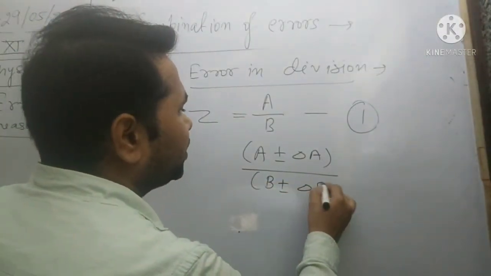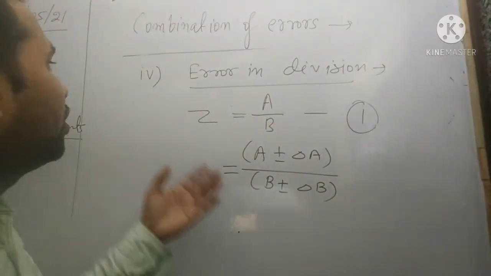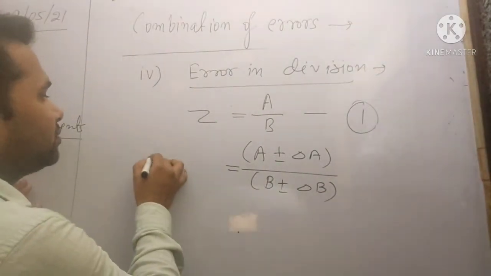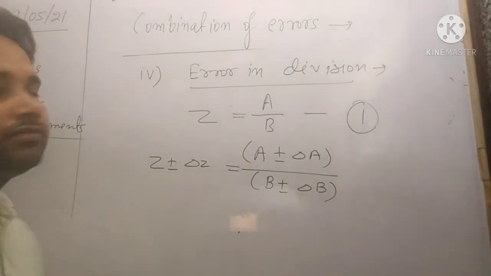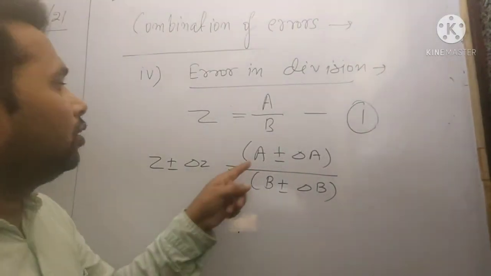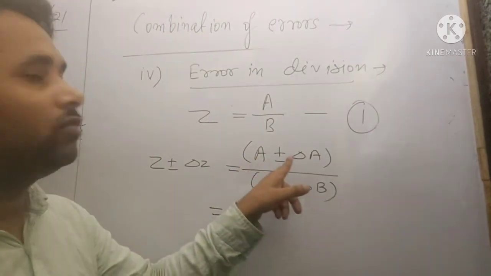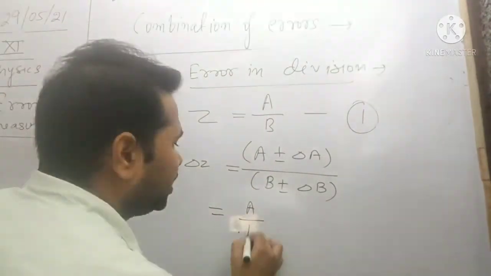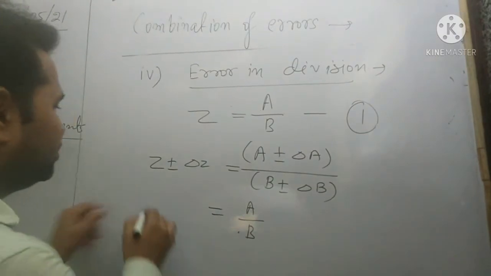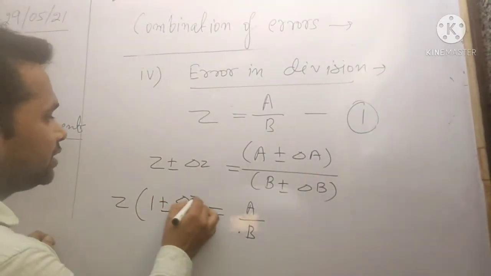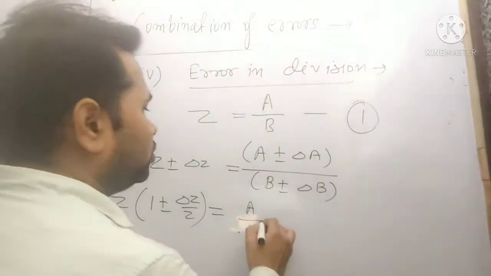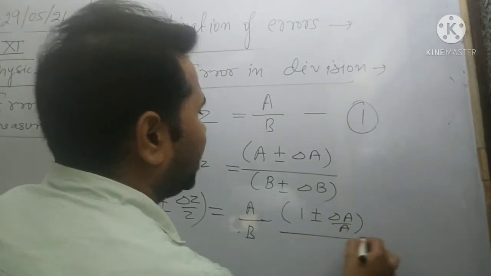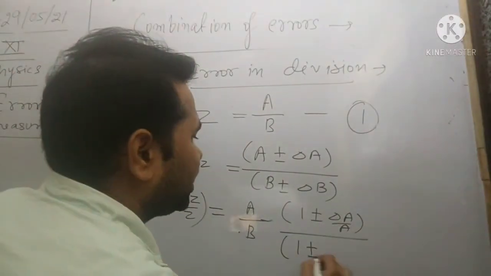B plus minus delta B, and the ratio of these two, या क्वोशंट कह सकते हो, quotient of this ratio division is expressed by z plus minus delta z. और you can take common a from the numerator and b from the denominator. क्या मिलेगा? देखो, a ले लिया न्यूमरेटर से, b ले लिया डिनोमिनेटर से. Also z from the left side, so this is 1 plus minus delta z by z. So in numerator में क्या मिला? 1 plus minus delta a by a, and denominator में 1 plus minus delta b by b.